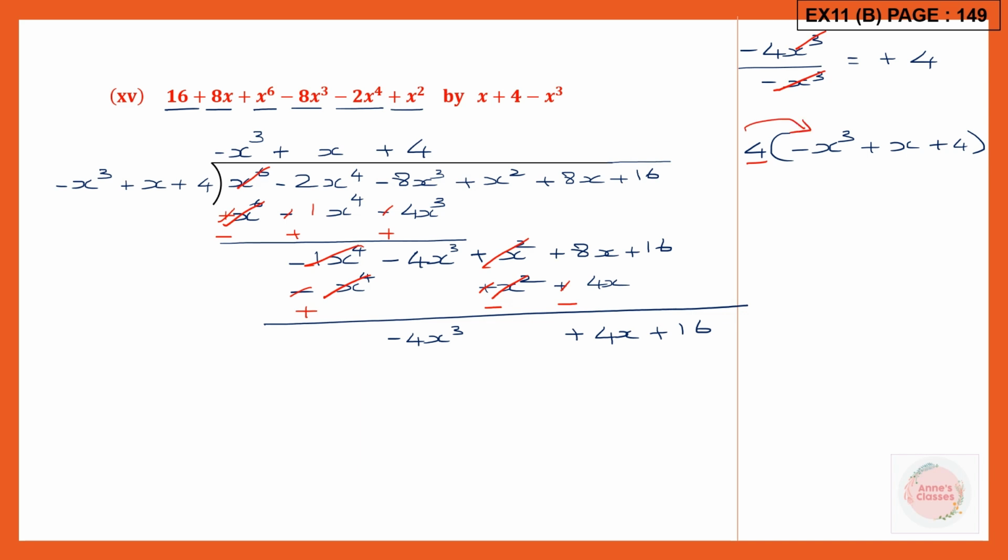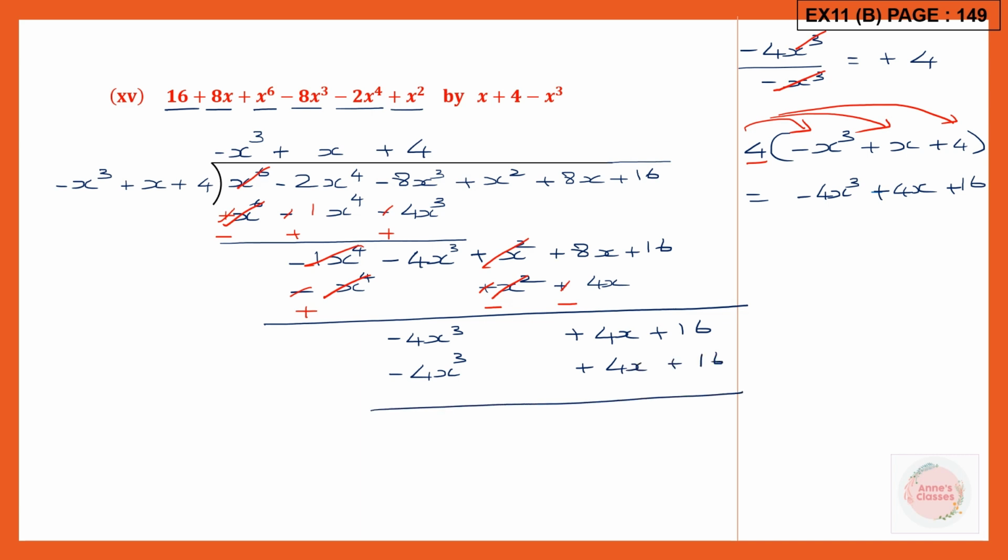So that will be minus 4x cube. Then I'm going to multiply it with plus x. That becomes plus 4x. Then I'm going to multiply it with the last term, that is plus 4. 4 4s are 16, plus 16. Now I'm going to take this and I'm going to write it below here. So it becomes minus 4x cube plus 4x plus 16.